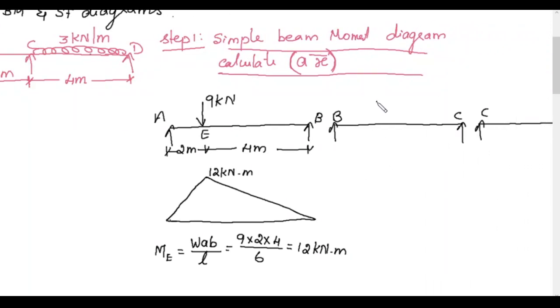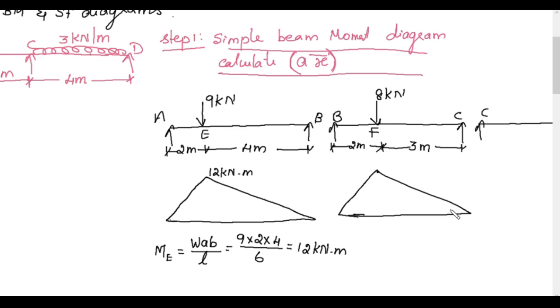Here there is an 8 kilonewton load acting at a distance of 2 meter from B at F, and FC is given as 3 meter. Again we have a concentrated load, so the maximum value of our simple beam moment diagram will be at F.